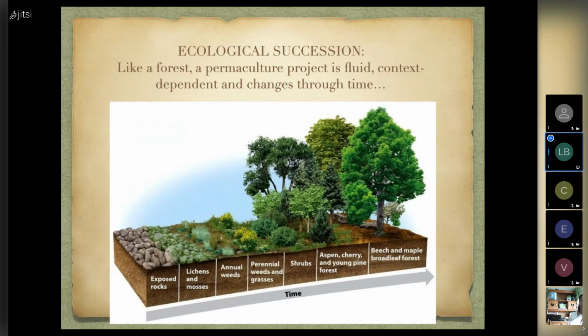And usually when we're doing a permaculture design, we think about that. So if we're planting, let's say, a food forest, which is a common project that people undertake in permaculture, we're going to look at how the plants that we're implementing are going to change their ecological roles over time. So we might start out by planting annual plants while we get our perennial or long-lived plants going.